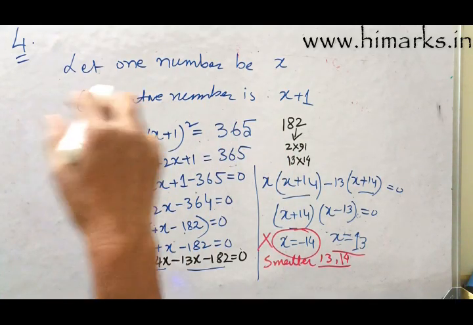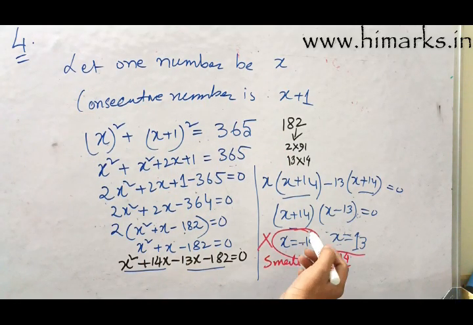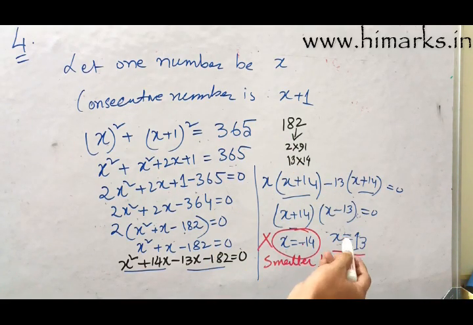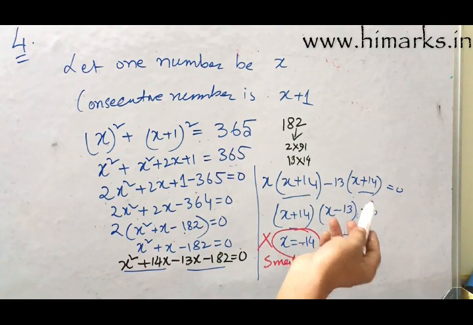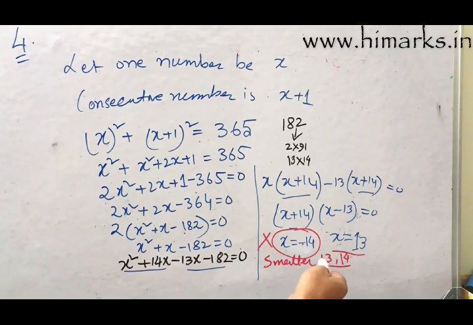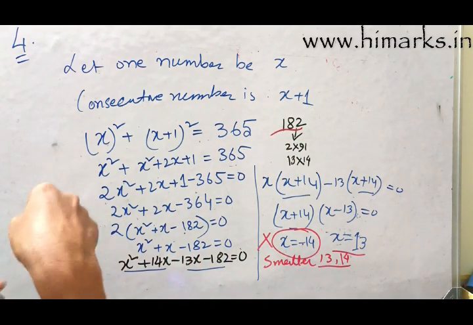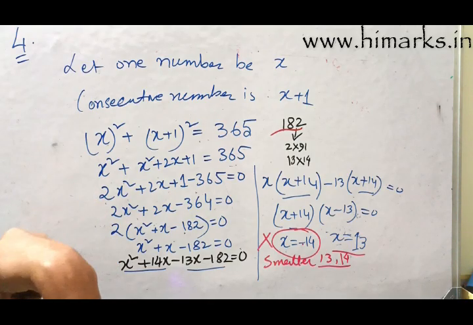Because positive is given, negative number is not possible as per the condition here. So x is equal to 13 and the next consecutive number is 14. So obviously we can see that 13 and 14 are giving 182 here. Okay, so this is the solution for this question number 4.